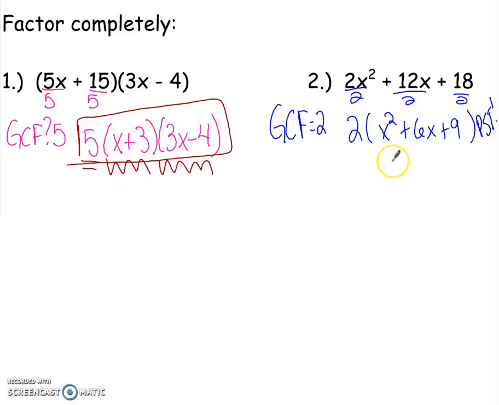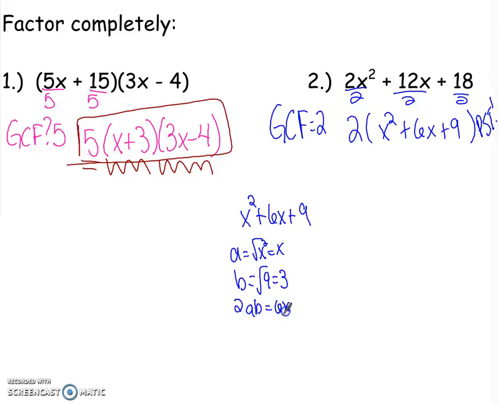So if I were putting this in the format, just over here in some scratch work, x squared plus 6x plus 9: a would be the square root of x squared, which is x. b would be the square root of 9, which is 3. And then 2ab is 6x. So it is. So remember, when you factor that, you'd have 2 and then x plus 3 quantity squared.